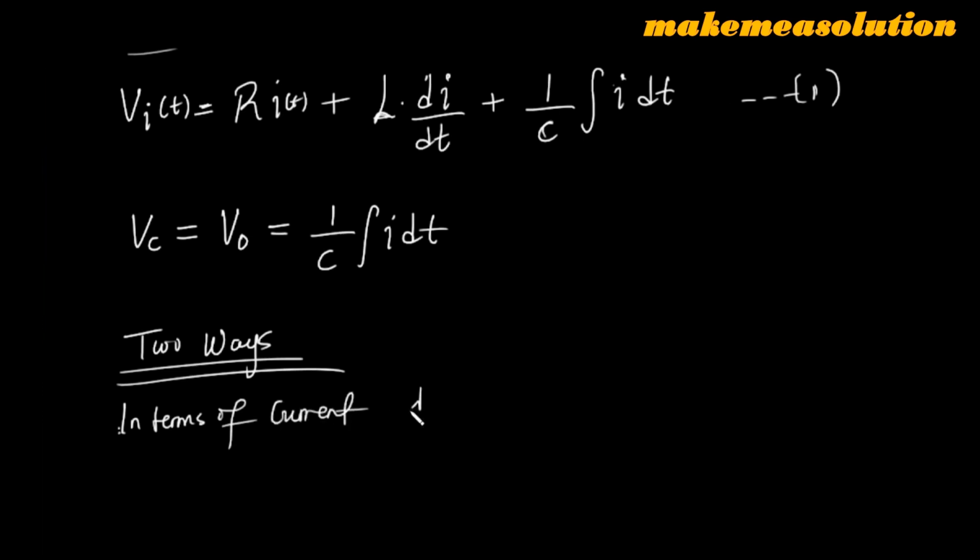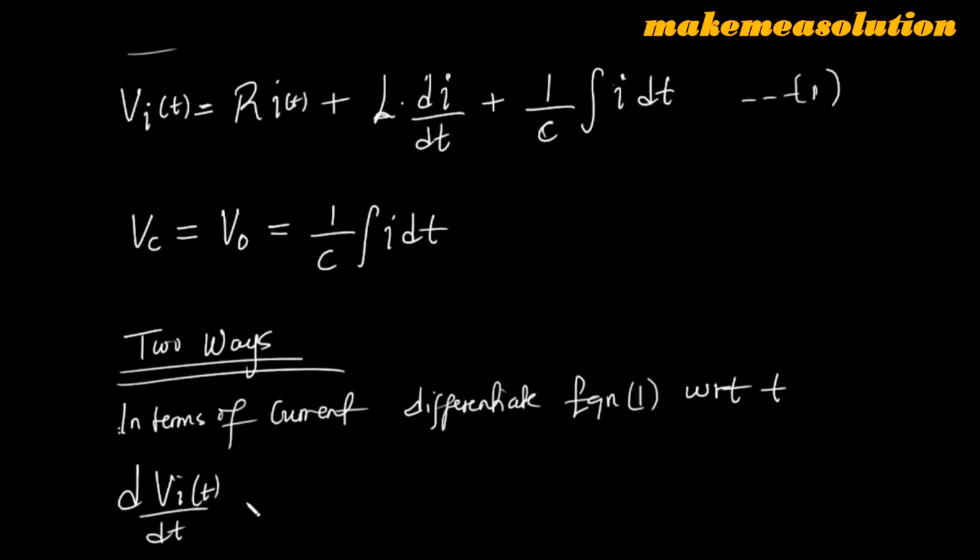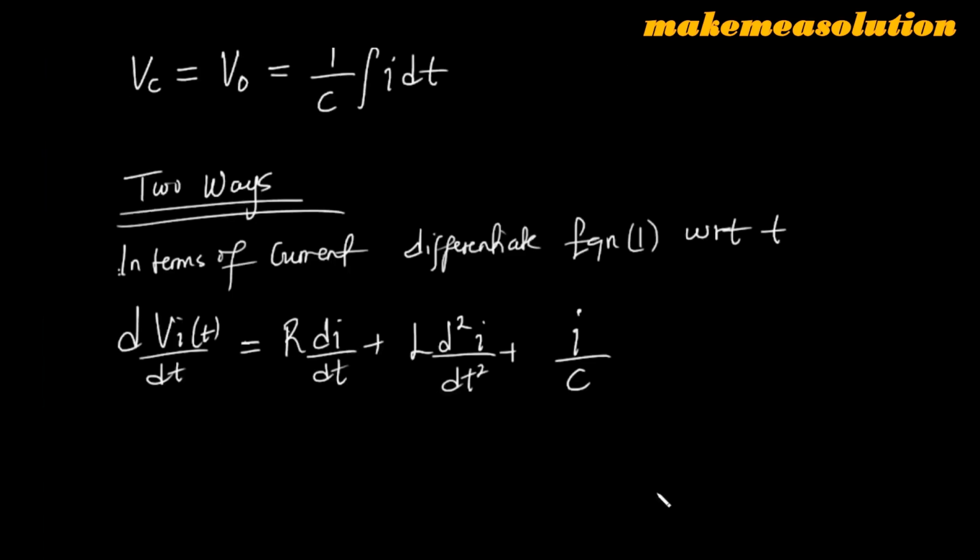So in terms of current, if we differentiate equation 1 with respect to t, we'll have dVi of t by dt equal to R di/dt, then plus L second derivative of I, plus, if you differentiate an integral, you just get the argument of the integral, making it I divided by C. So this is equation 3.